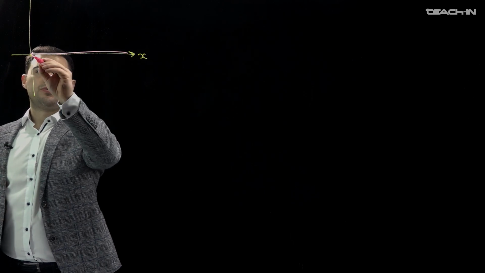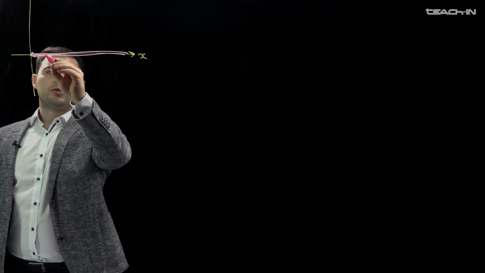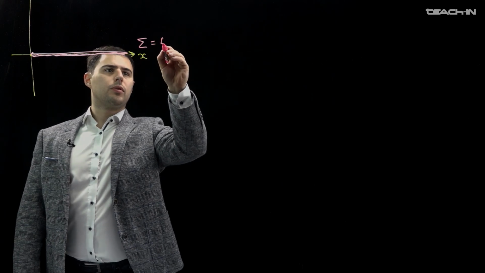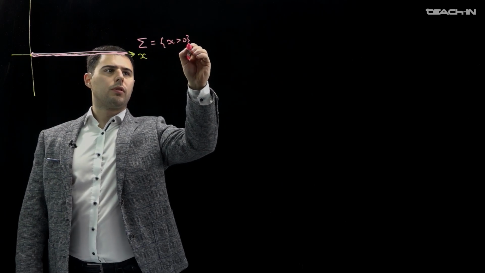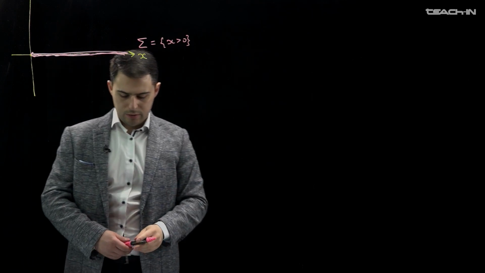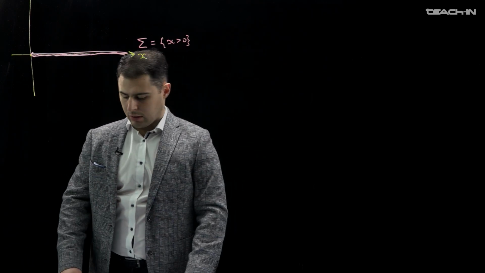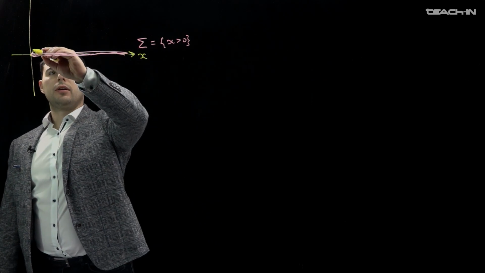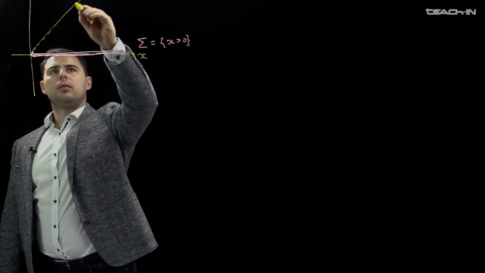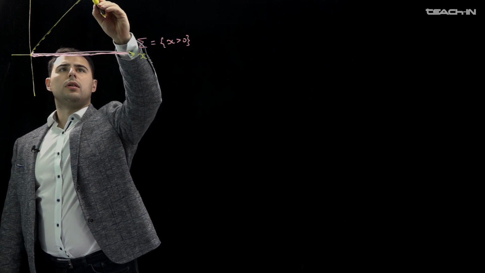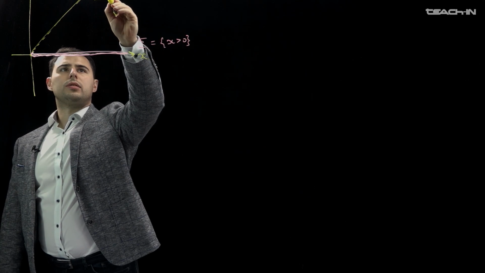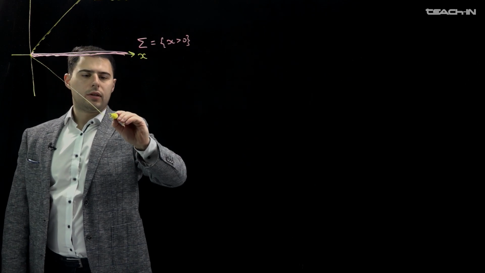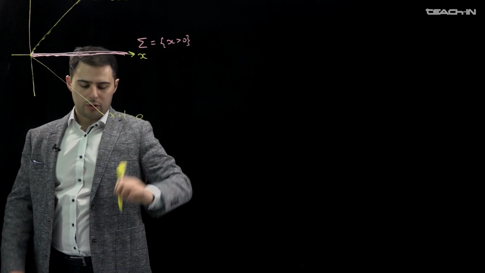The Cauchy surface is the positive side of the axis, and the domains of dependence would be given by the lines x minus t equals 0 and x plus t equals 0.